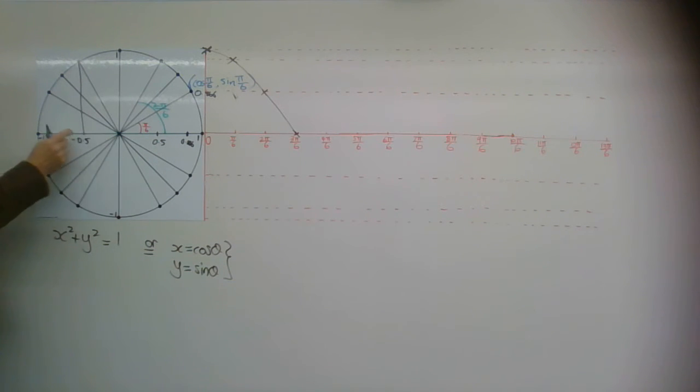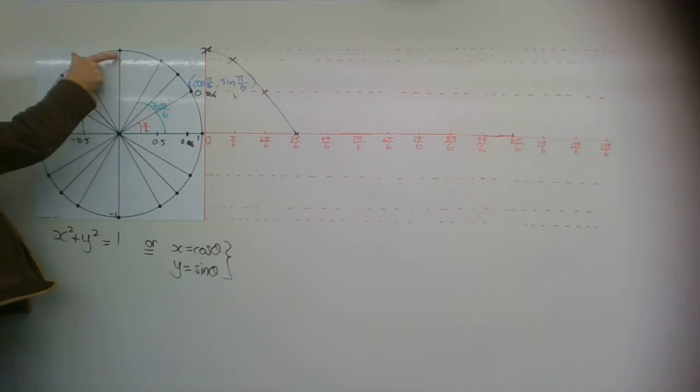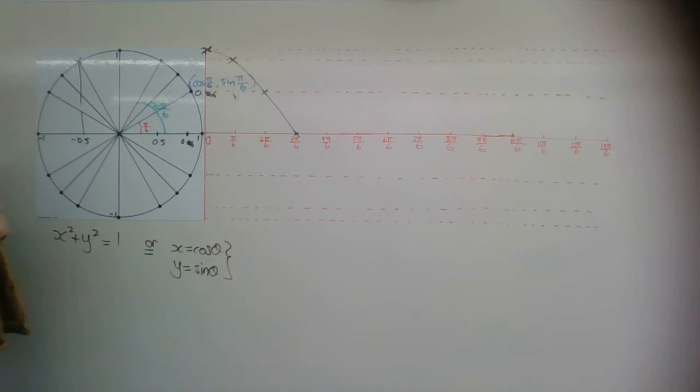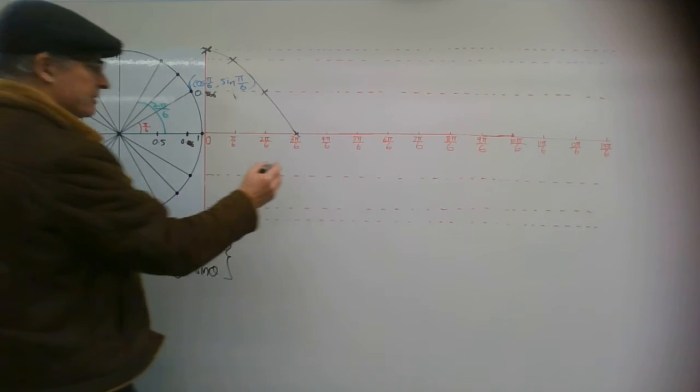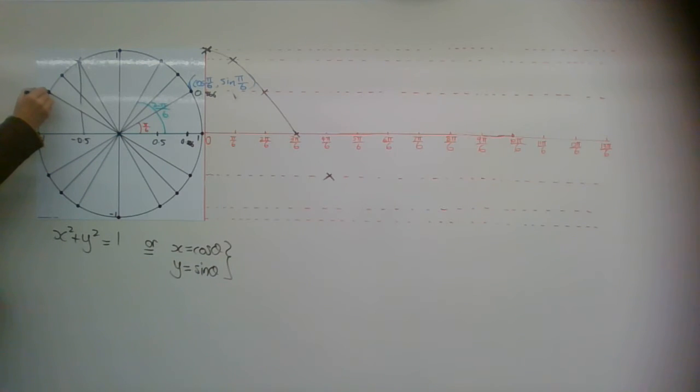It's about minus a half across. When I only care about the x coordinate of this point, I only care about how far it is from the y-axis. So that's about there. When I get round to here, then I'm all the way out here at minus 0.866.